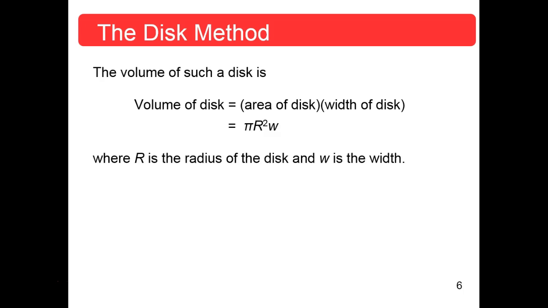We chose to name the height of that capital R, and then the thickness of it was W. So it's pi capital R squared W. Where R is the radius of the disk, because that's what you're revolving around the axis of revolution, and W is the width. Okay? That's why we named it W. Named it R, rather than length or something like that.